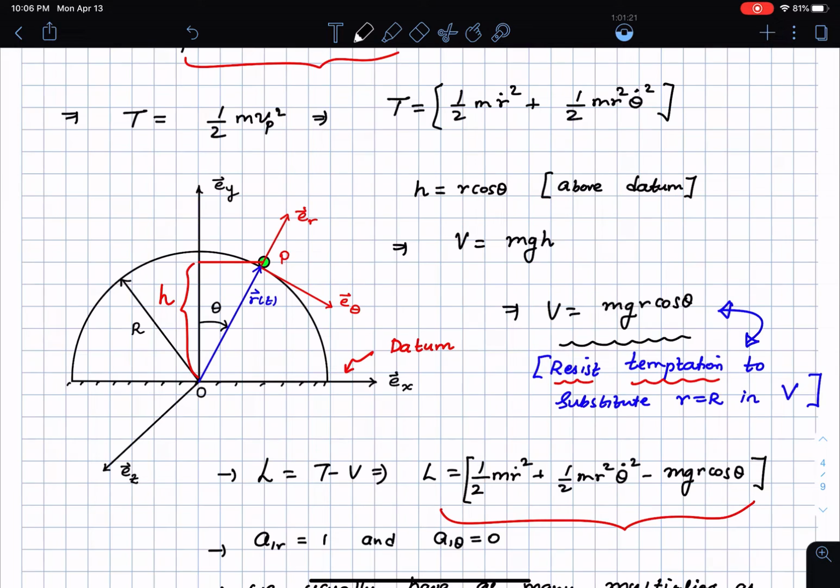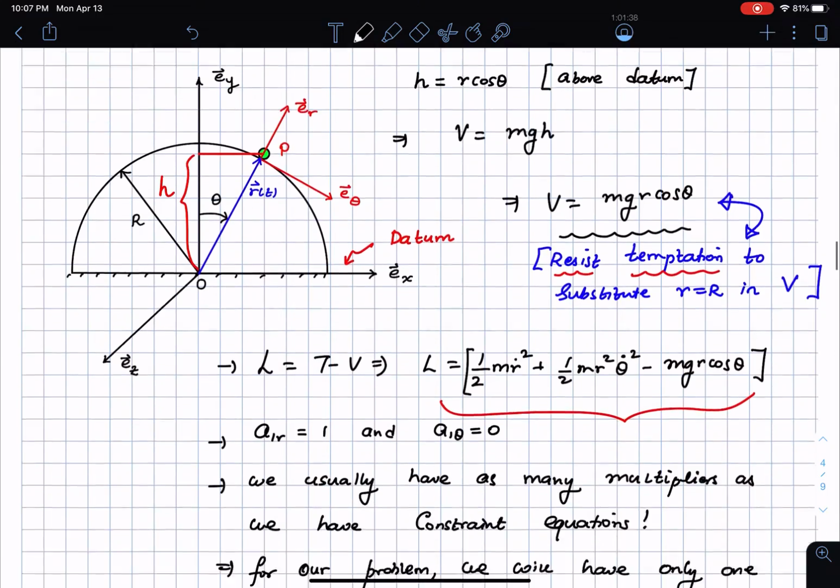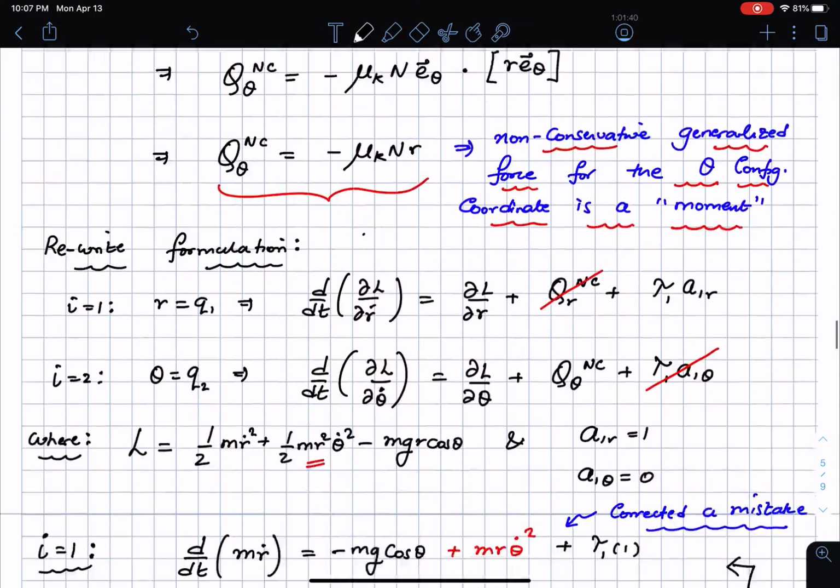Along the way, we find the equation of motion, and then we can also say that at some point it's going to lose contact, so the normal force is set to 0, and at that particular location, what is the angle theta? That angle is going to be 48.1 degrees.